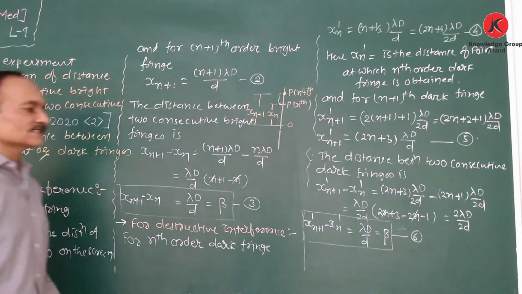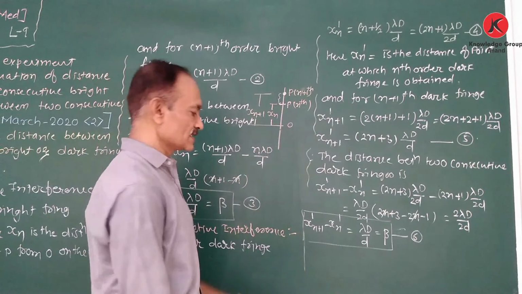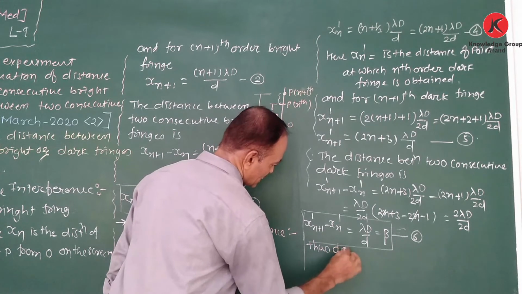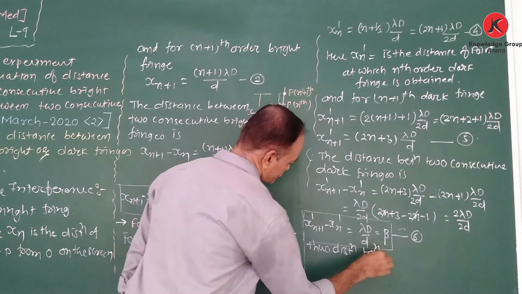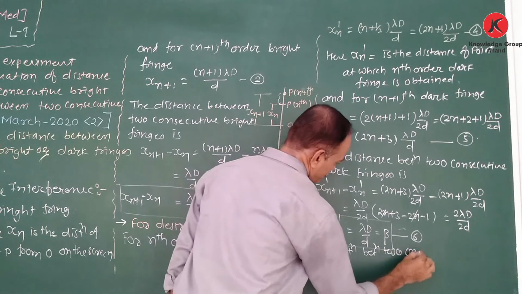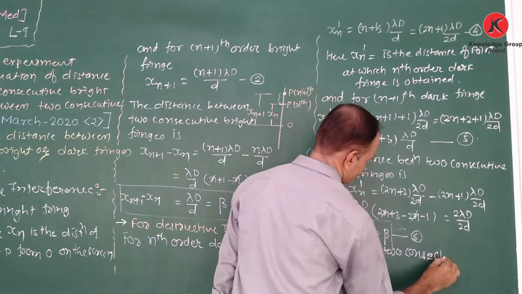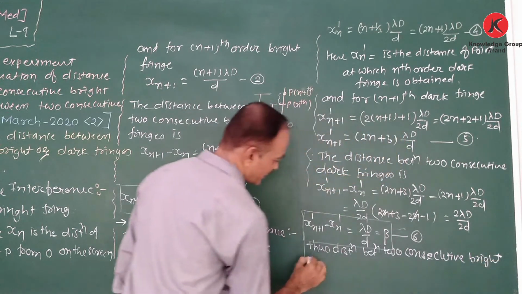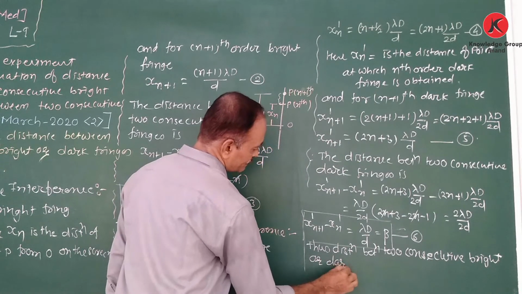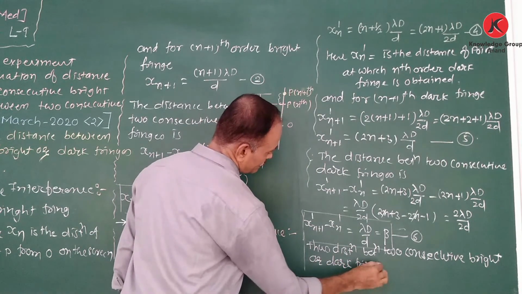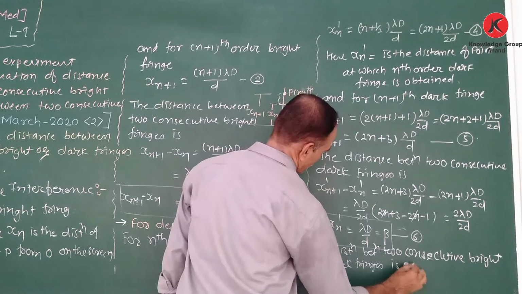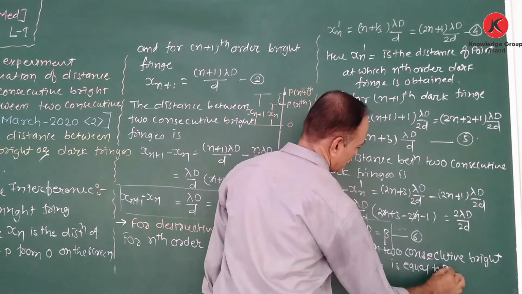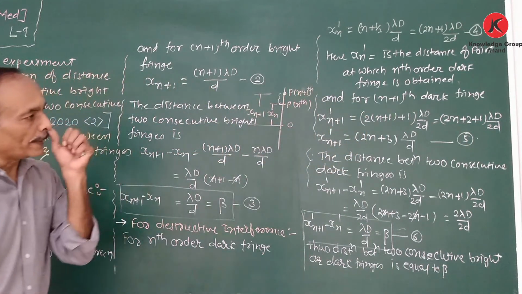So that is the distance between two consecutive dark fringes. Thus, the distance between two consecutive bright or dark fringes is equal to that is beta, and beta is equal to lambda D upon d.